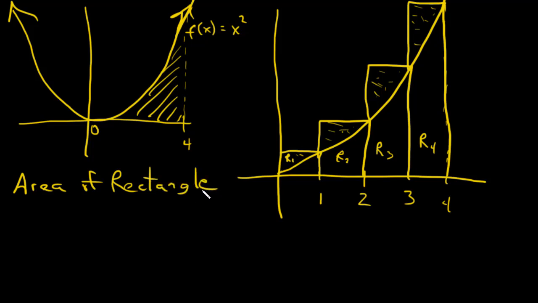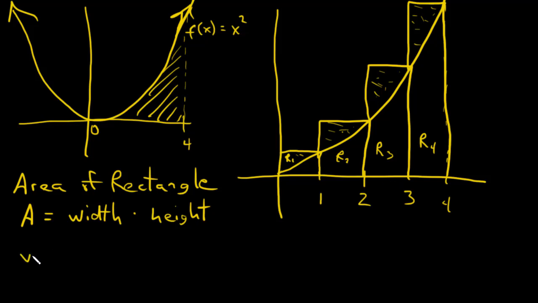So in order to get the area of a rectangle, area is just, in this case, the width times the height. Now, what is the width of each of these rectangles?